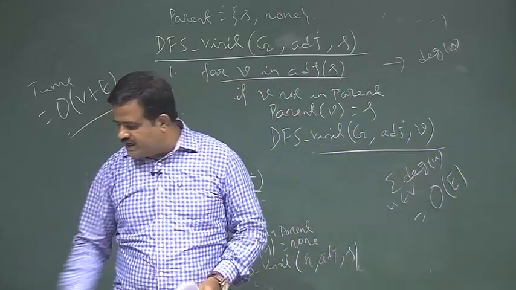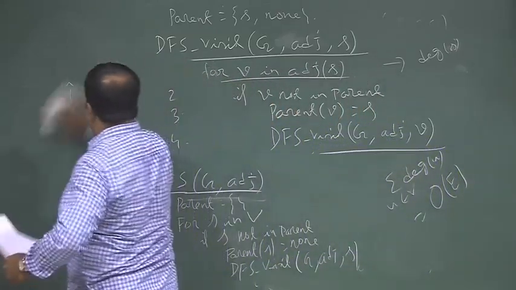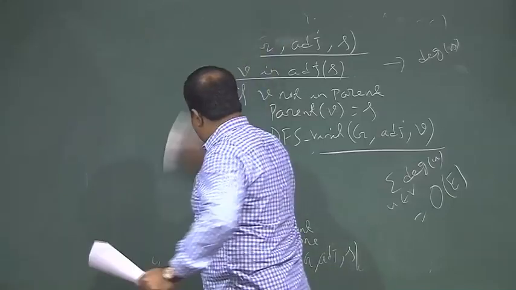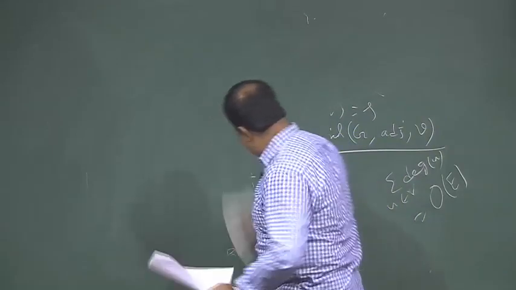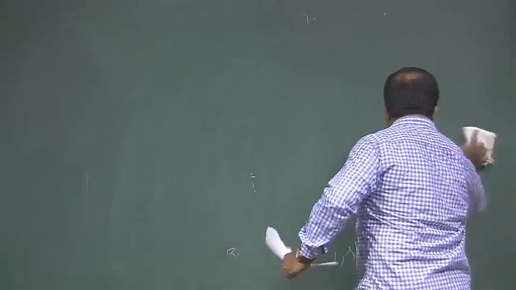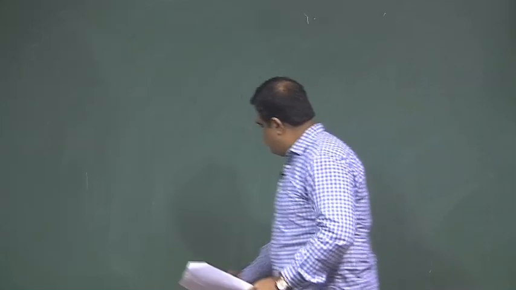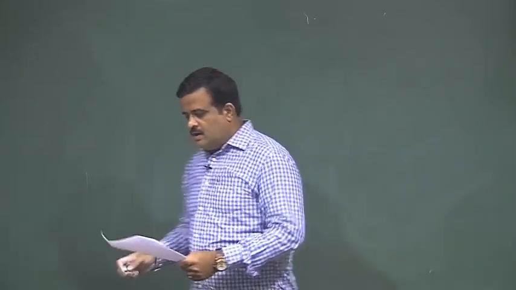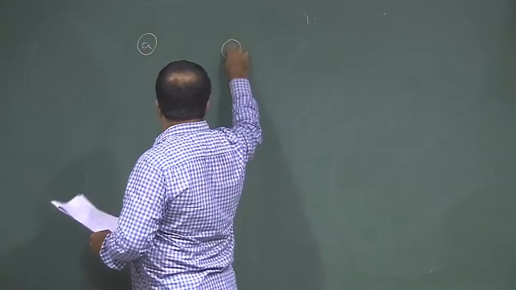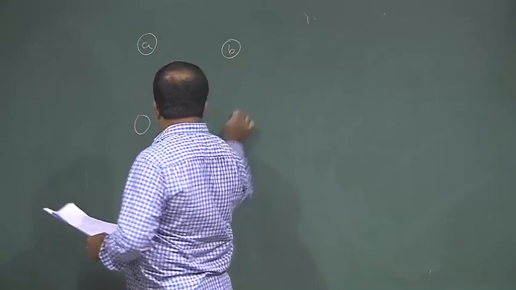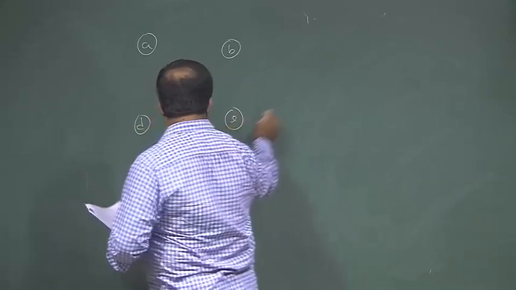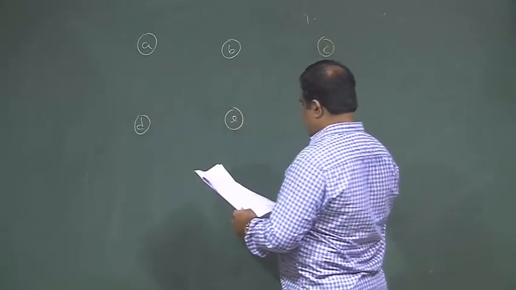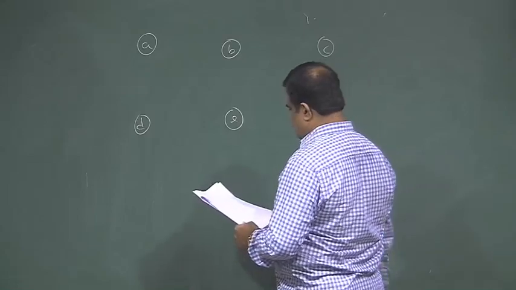Now, let us take a quick example. Suppose we have a vertex A, B, say D, E, we have C vertex over here and say we have an F vertex.